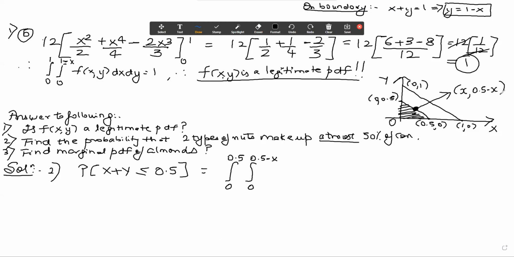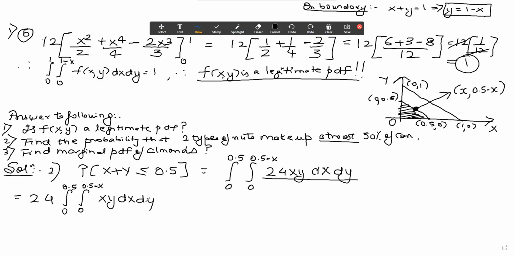So as x goes from 0 to 0.5, y goes from 0 to 0.5 minus x, 24xy dx dy. Now guys, we have already integrated it. So I can quickly write 24 times integral 0 to 0.5, integral 0 to 0.5 minus x, xy dx dy. We have already done the integration.